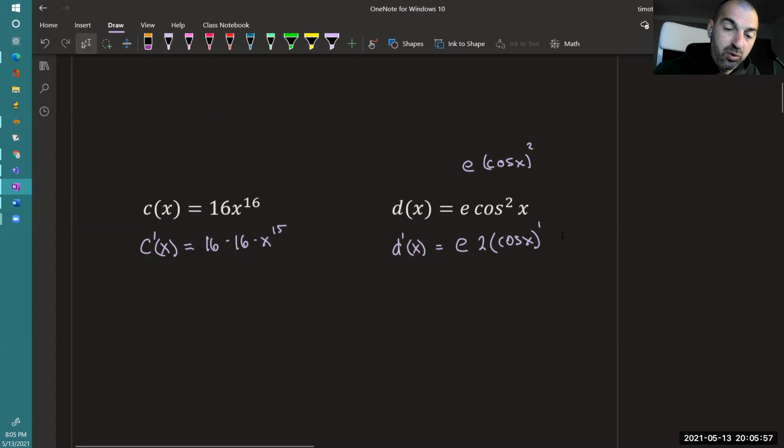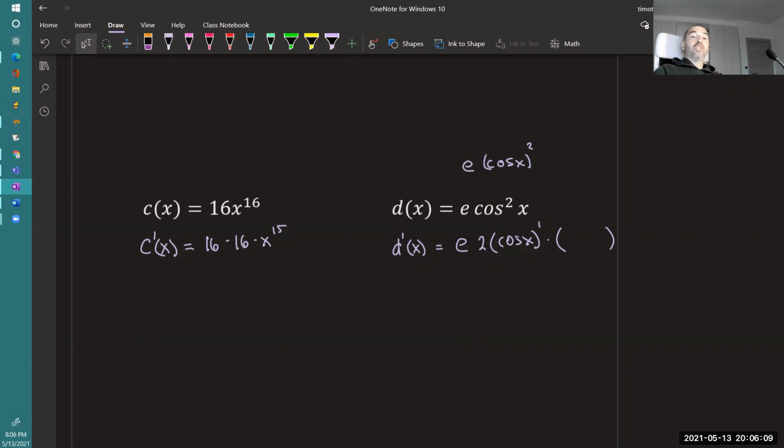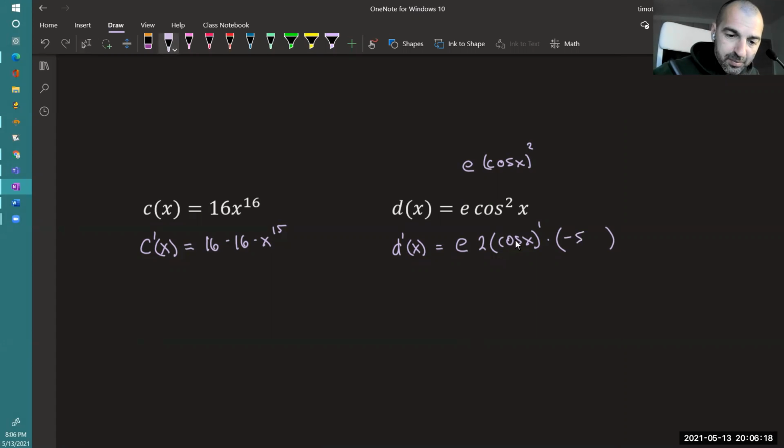And now I chain rule myself out of this, and I multiply onto the end the derivative of the thing that I rewrote. This is a classic chain rule, right? So there we have it. And the derivative of cosine is negative sine. You'll want to remember that one.